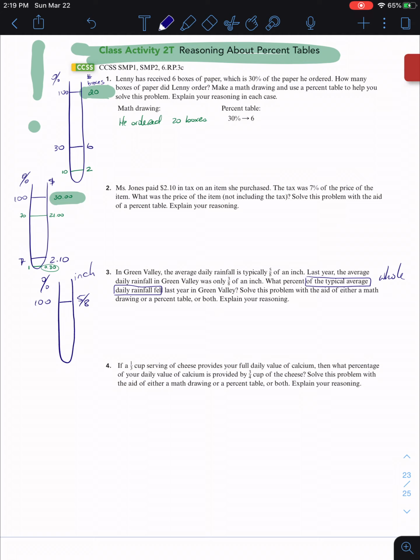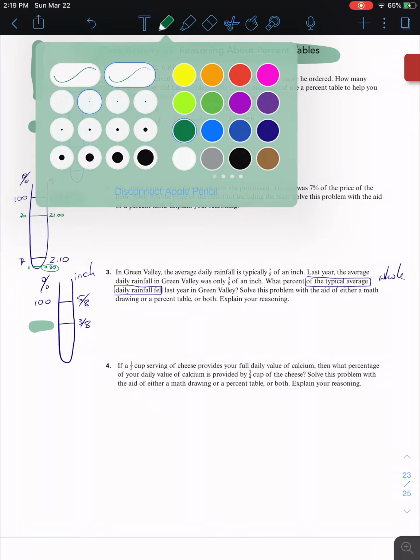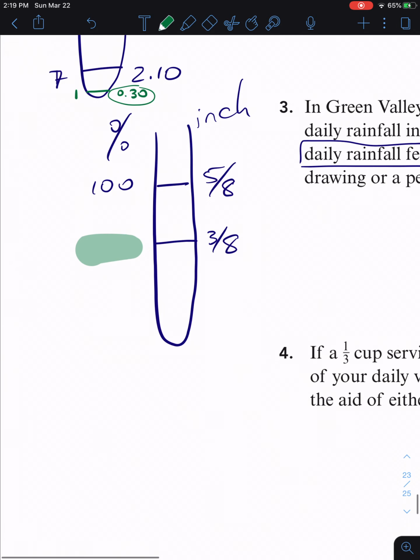Now, we are told that 3/8 is what fell last year, so we want to find out what percent that was. Let's see if we can figure this out. Well, 5/8 is 100%. Is there any way we could figure out 1/8? Remember, this is 5/8, and we want to know 1/8.